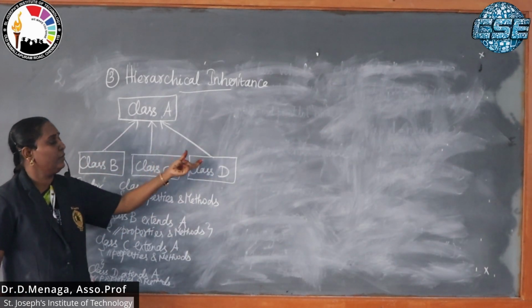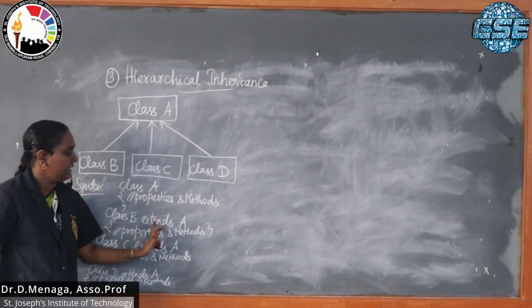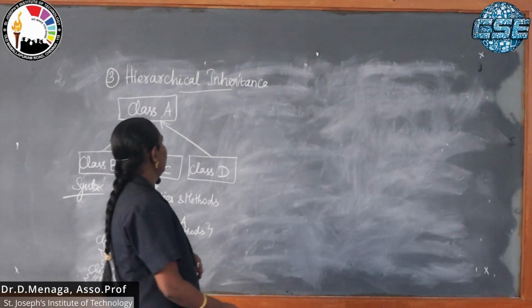This derived class is going to inherit the properties and methods of this class A. So I am using the keyword extends here and the base class name, class A. So let us see an example for this hierarchical inheritance.